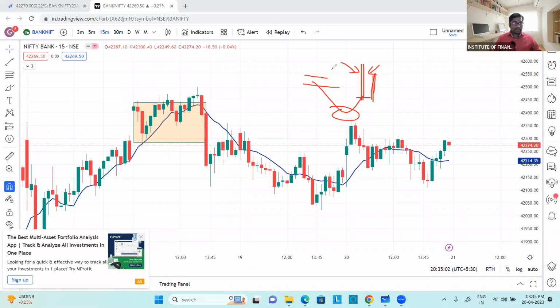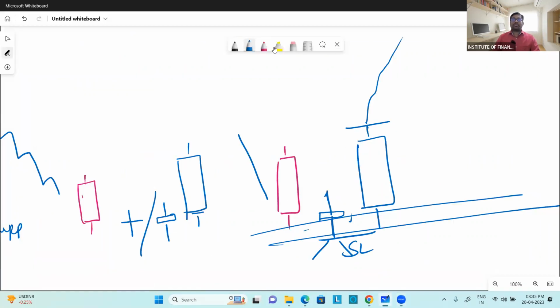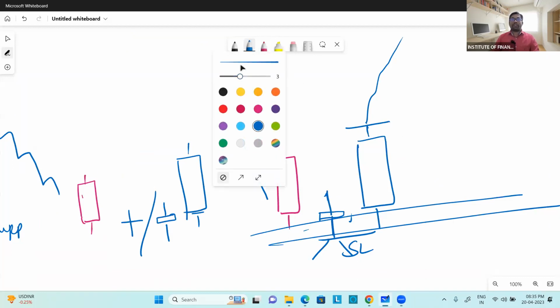Did you understand? Kapil Agnihotri, yes, on the high of the third candle. Okay. This can be traded in two ways.